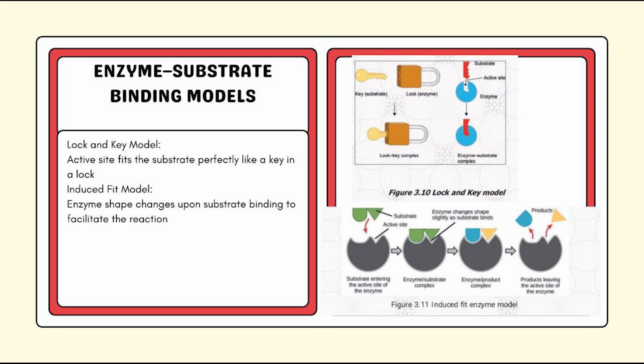The induced fit model proposes that the active site changes shape slightly when the substrate binds, enhancing the enzyme's ability to catalyze the reaction. Refer to figure 3.11. Both models help us understand how enzymes are so specific and efficient.